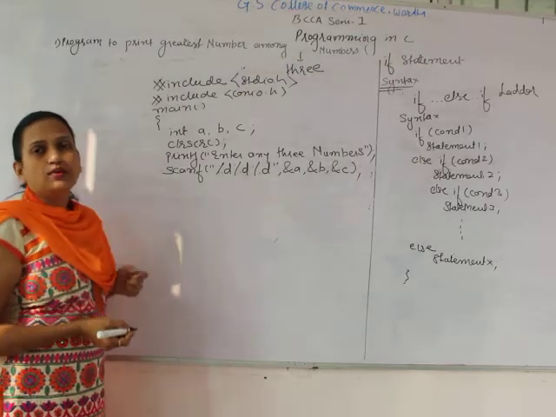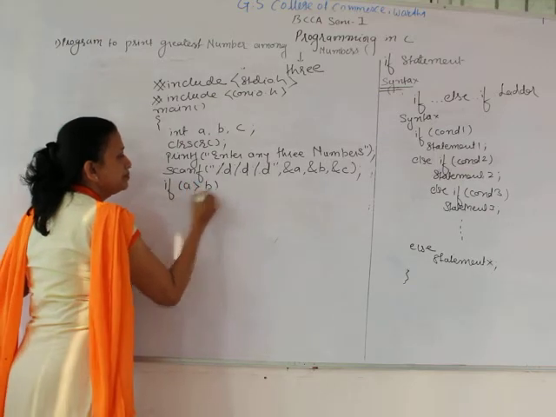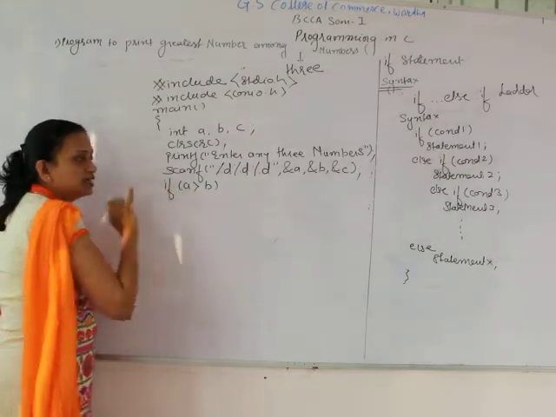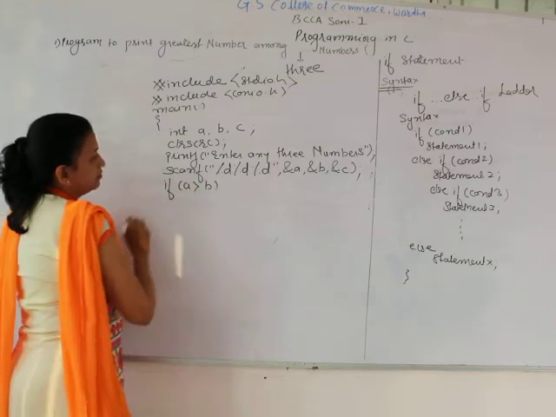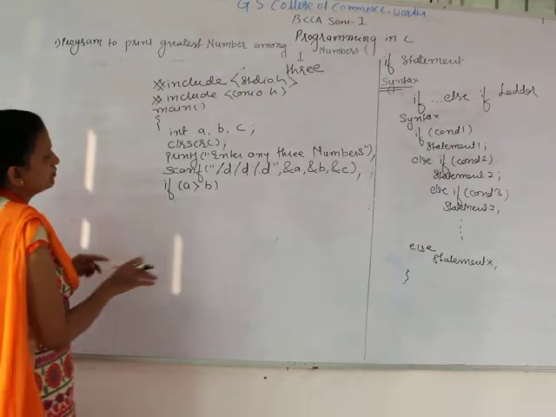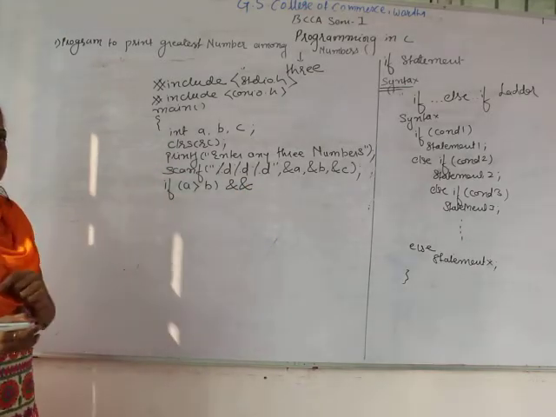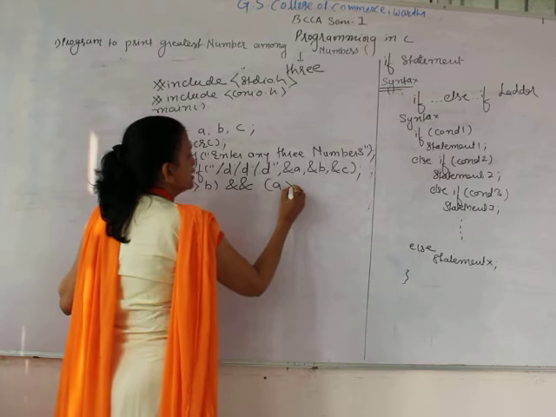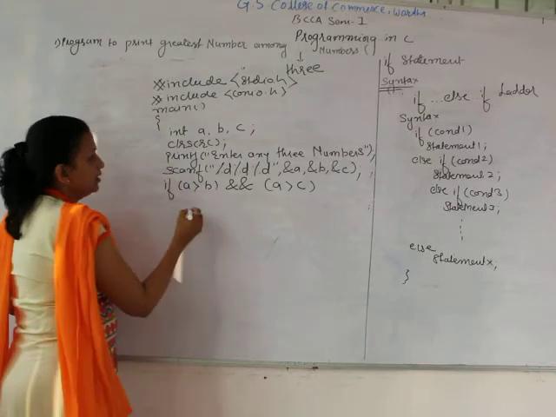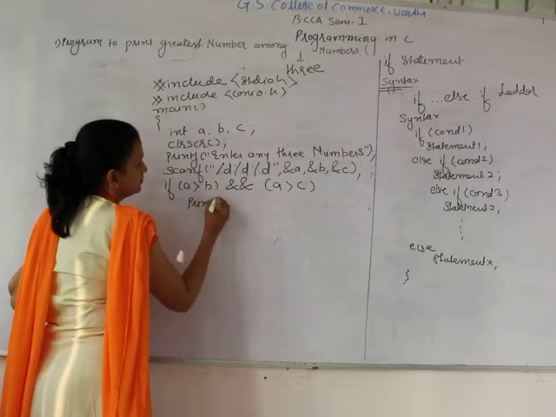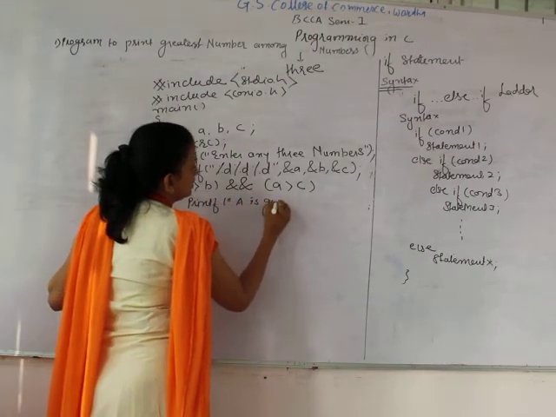Now once you get the values, start comparing them. If A is greater than B, and here I am using the AND operator, and A is greater than C, then printf "A is greatest".